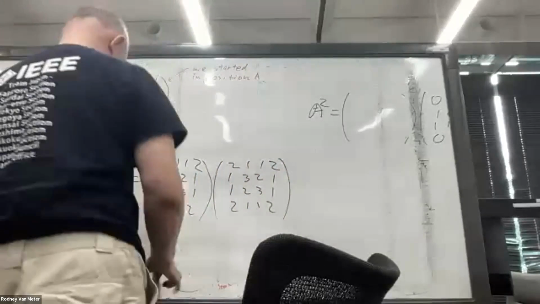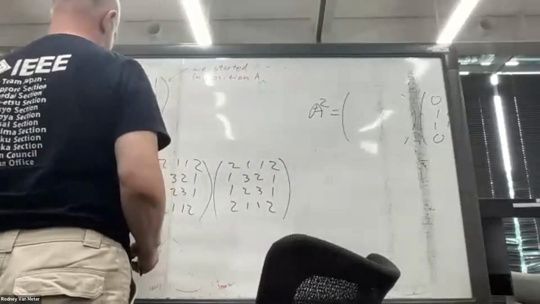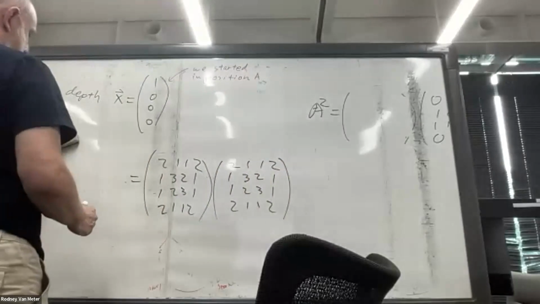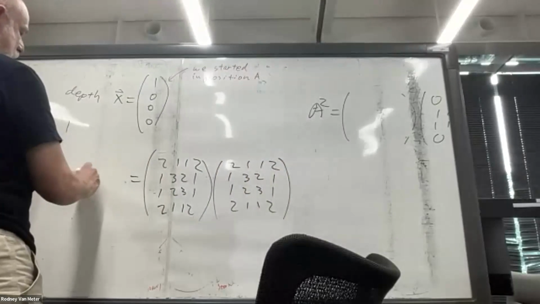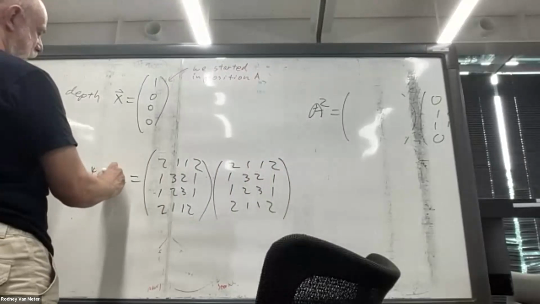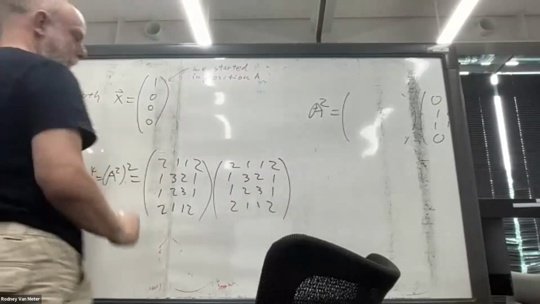So this will be A to the 4th equals A squared, right?